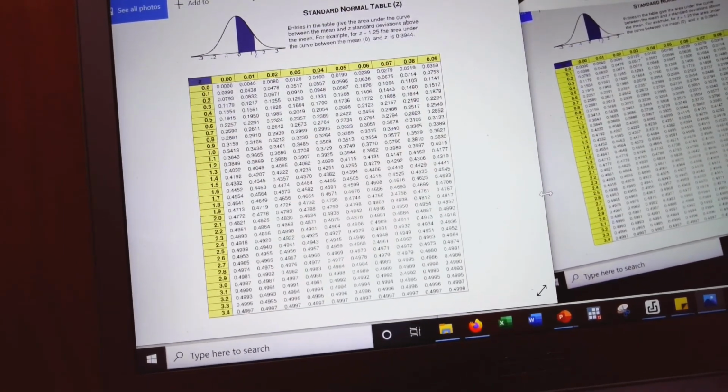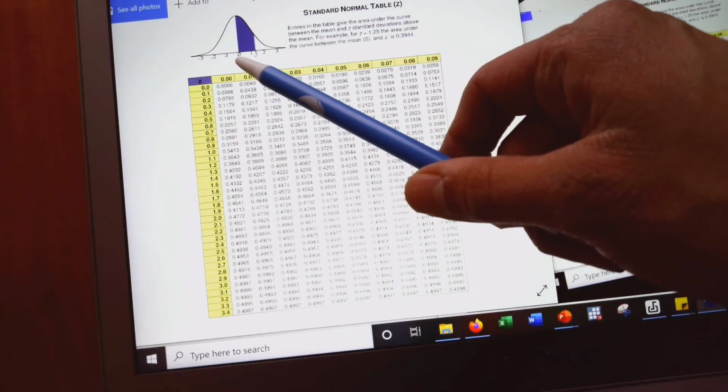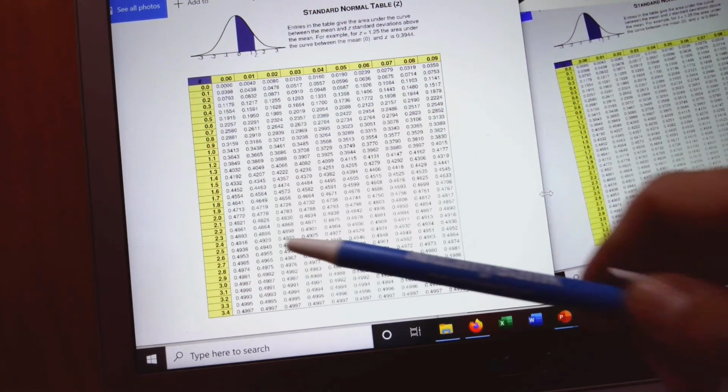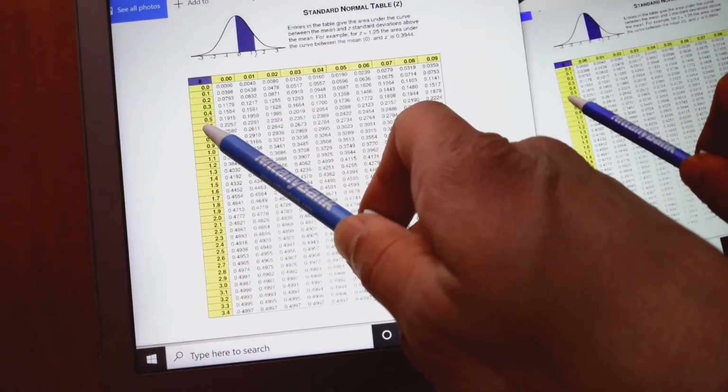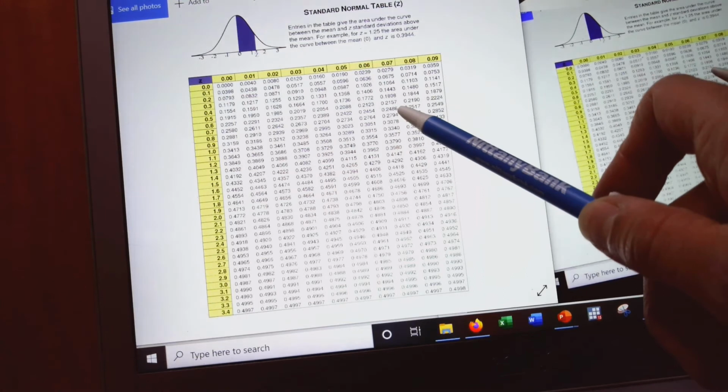So we have to find the area under the curve for these two different z-scores. There's between 0 and 0.67 as our first z-score of interest. So we're going to look at 0.6 here as our first two digits going in the column, and then we're going to go all the way over to 7.